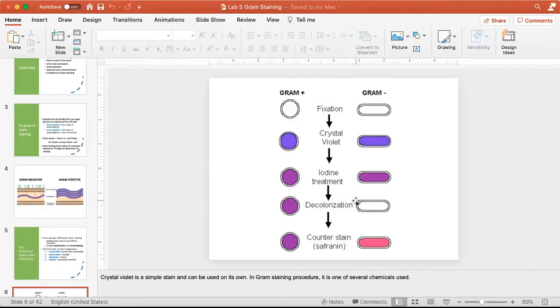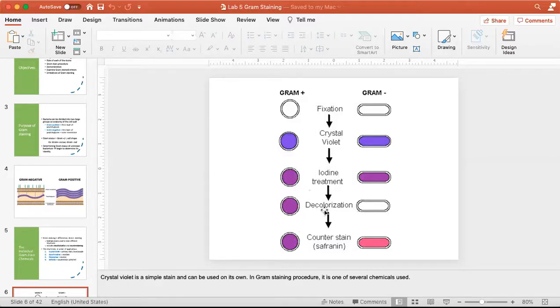And this is where the important thing is happening. You'll notice that on the Gram positive side, these cells that are Gram positive are going to stay purple after decolorization. Remember, we said Gram positive cells have a very thick layer of peptidoglycan around them. And it turns out that our decolorizing step is going to be limited in time.